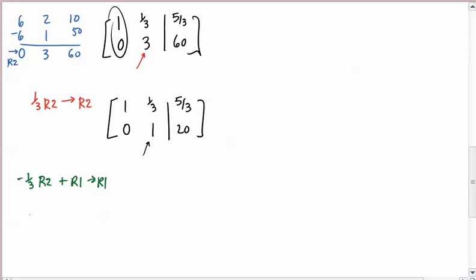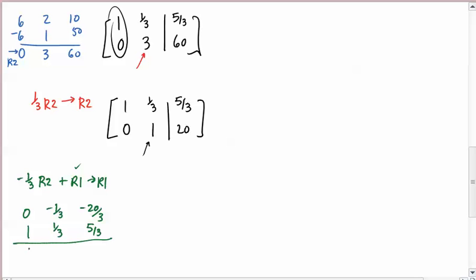So let's do it right underneath this. -1/3 times row 2 gives me a 0, gives me a -1/3 there, and a third of 20 is going to be just 20/3, so it's going to be -20/3. Don't panic. All right, now I'm going to add it to row 1. Here we go, 1, a third, and 5/3, and let's see what we get.